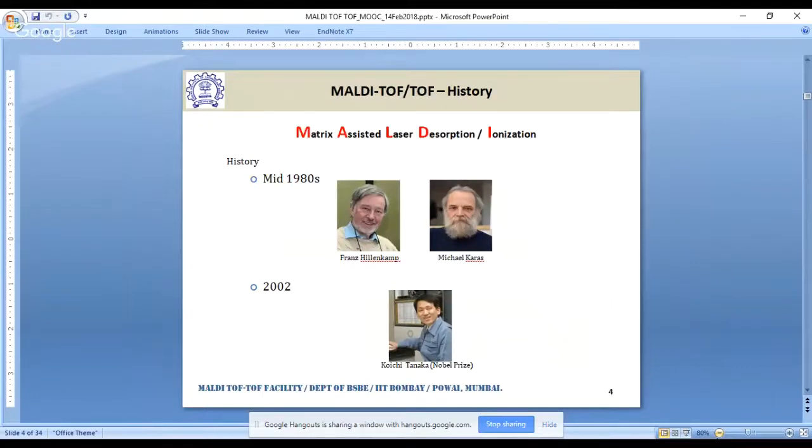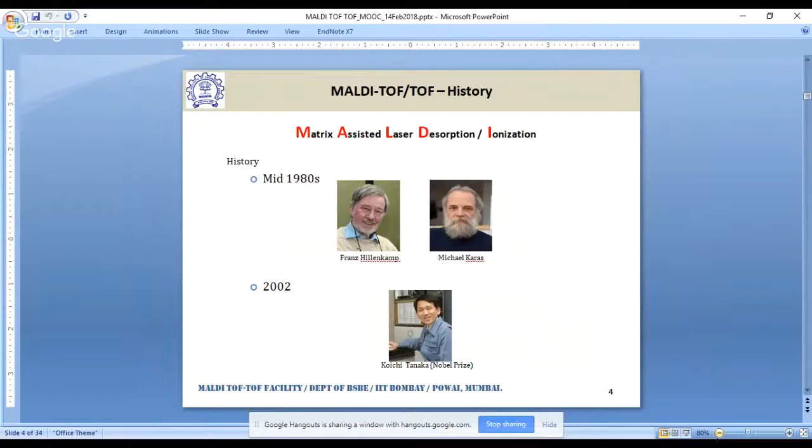This technology, which is the matrix assisted laser desorption ionization, was developed in the mid 1980s by two German scientists, Michael Karas, who was a postdoc working in Franz Hillenkamp's lab.